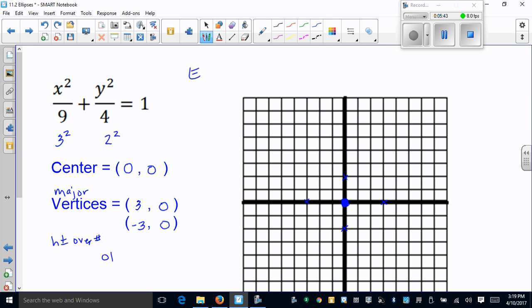So let's go ahead and get the graph going of this. And there's your ellipse. That one should have gone up just a little bit higher.